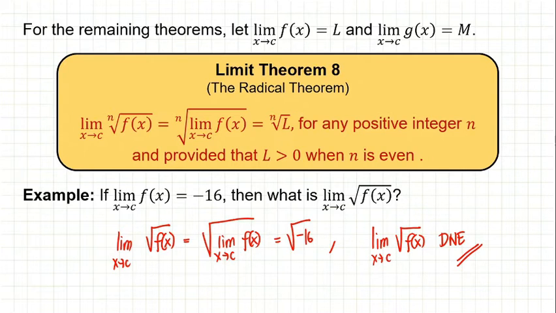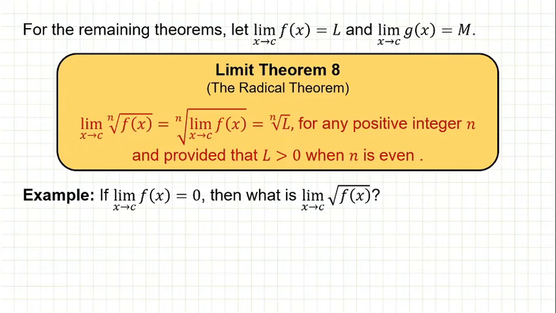Now, how about if we have this one? So we have the limit of f of x as x approaches c is equal to 0. Then what will be the limit of the square root of f of x as x approaches c? So lagay lang natin dito, this will become the square root of the limit of f of x as x approaches c.